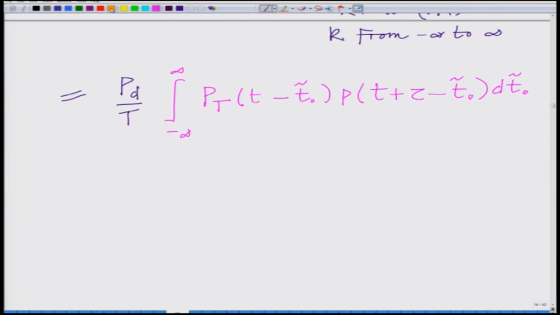Now, I can further employ a substitution t plus tau minus T naught tilde equals T naught prime, which implies minus dt naught tilde equals dt naught prime.